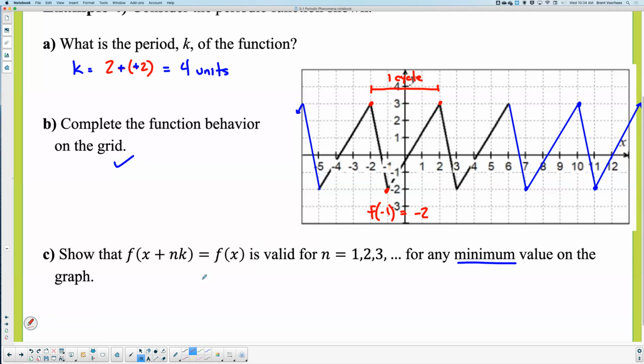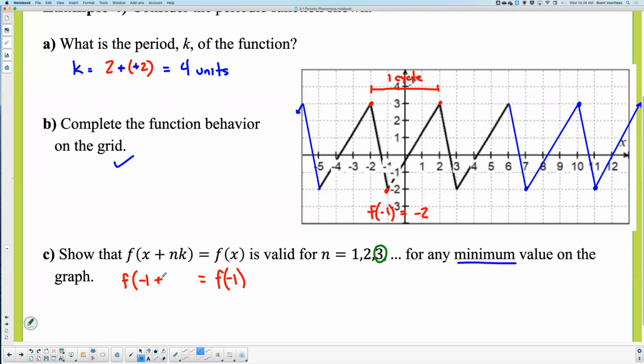So I'm going to show you that f of -1 is the same thing as f of, here, notice what's my x value? All right, -1. -1 plus, now someone just pick an n value at random, either 1, 2, or 3. I heard 3 first.